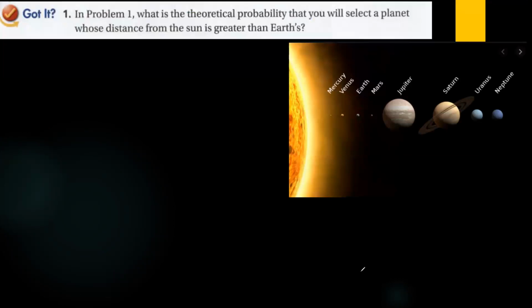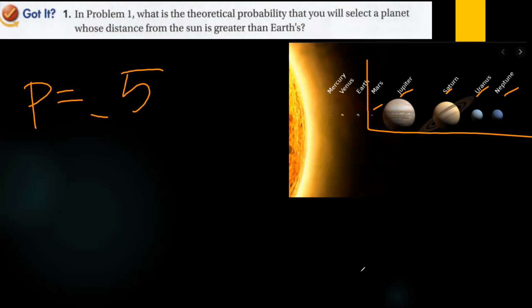How many planets are greater than the Earth? 5. 1, 2, 3, 4, and 5. Over the whole planets. How many planets do we have in all? 8. So the probability here of getting a planet whose distance is greater than Earth is 5 over 8.